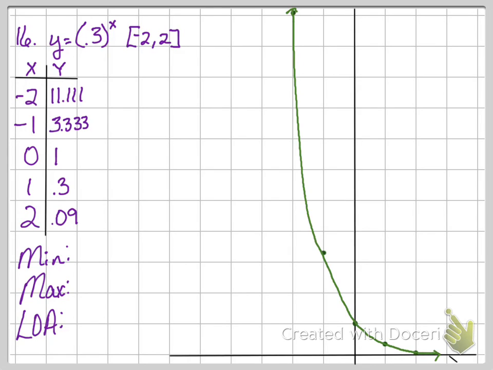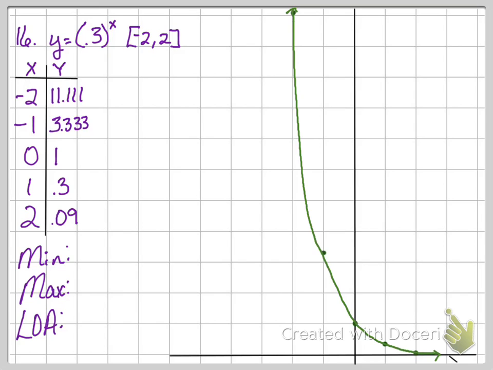All right, so now we've got our graph, and it starts out up high on the left and comes down real low on the right going towards 0. Okay, so our maximum is going to end up on the right side, it looks like.